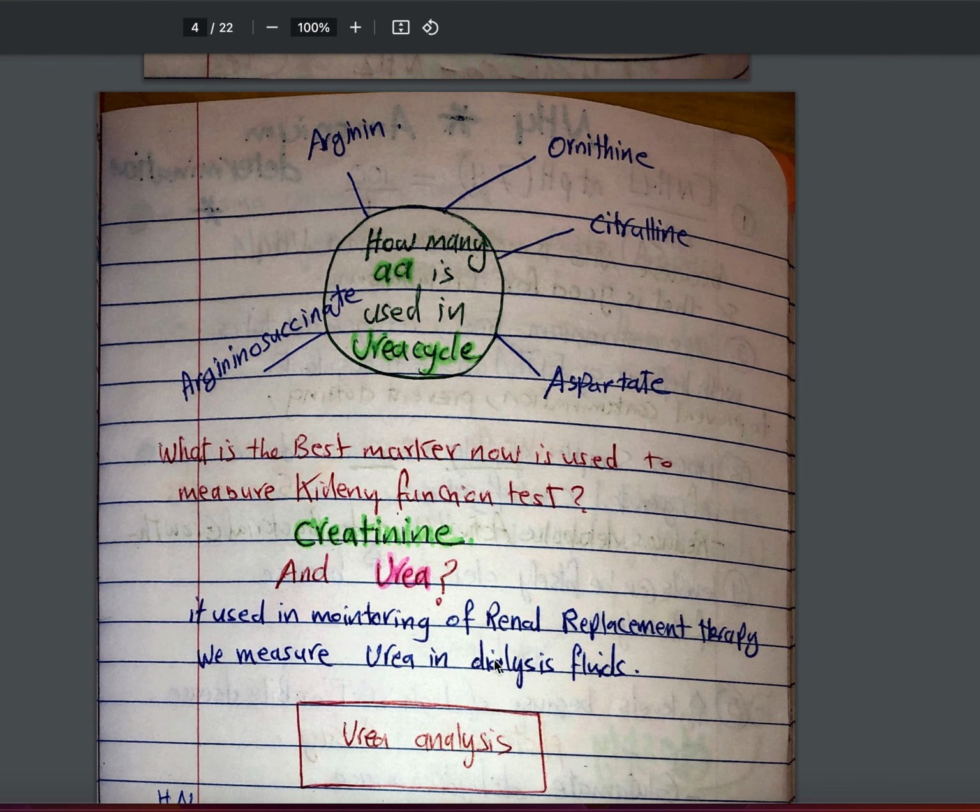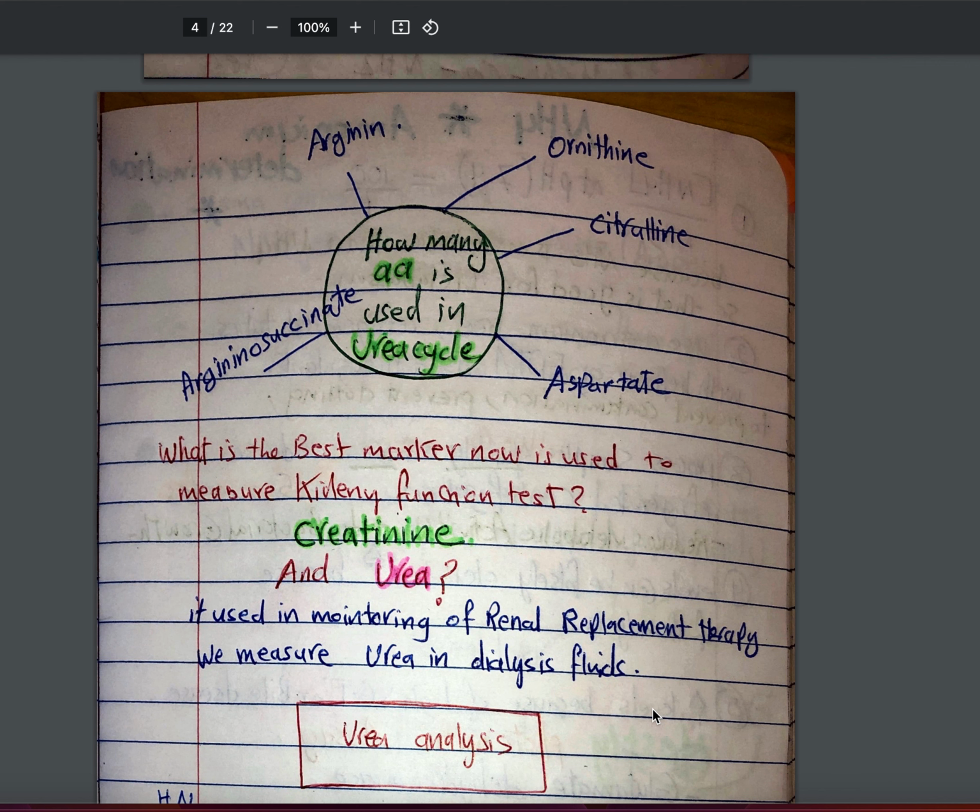Urea is used in monitoring renal replacement therapy. We measure the urea in the dialysis fluids, for example. That doesn't mean that when I say the best marker for the kidney function test is creatinine, we can't use the urea.